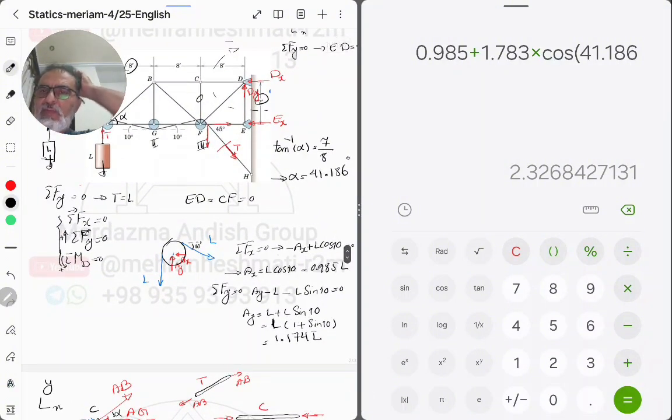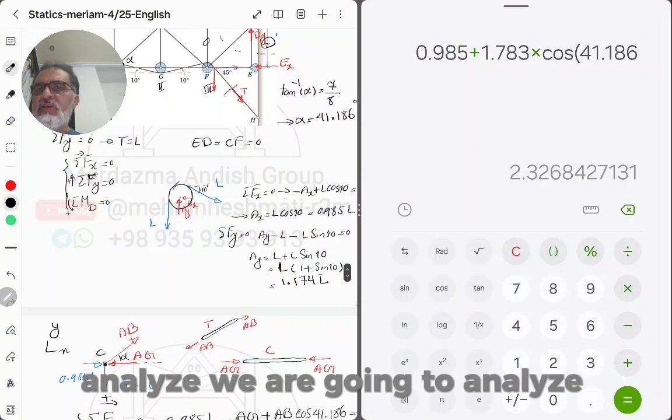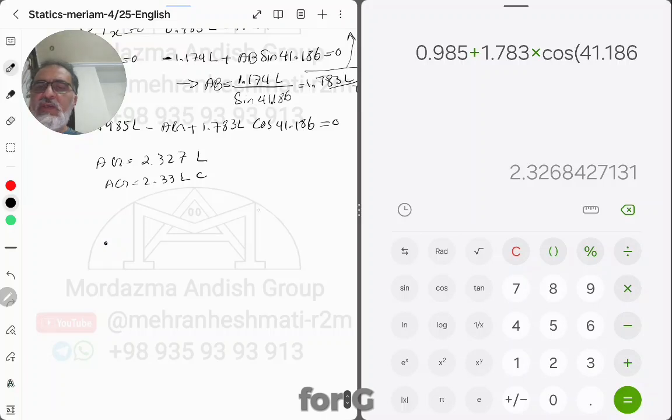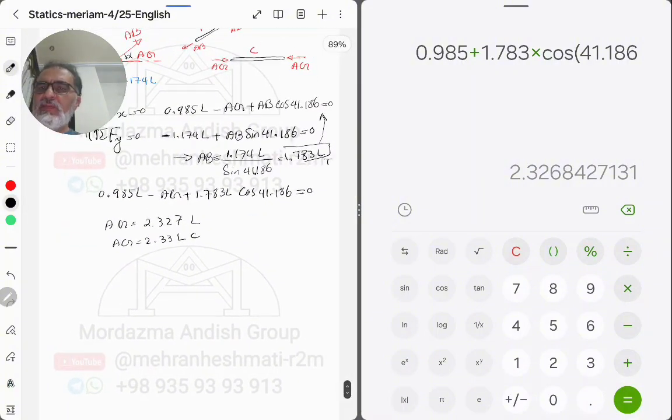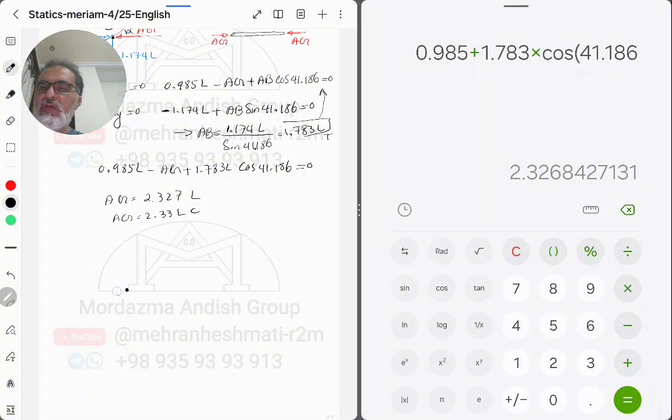Now for joint G, we are going to analyze point G. For G, first of all, I think there is no need to open the pulley number 2, so we consider it.